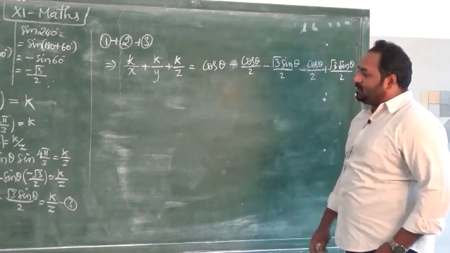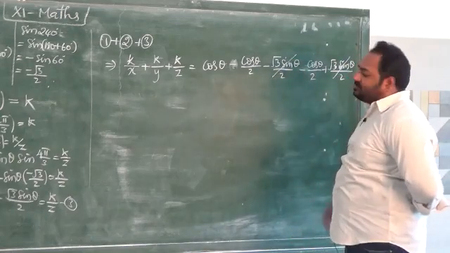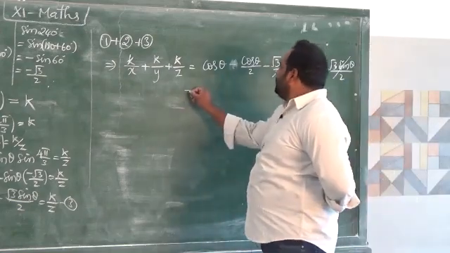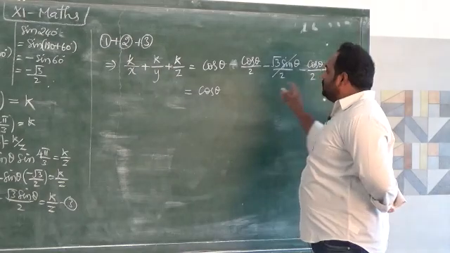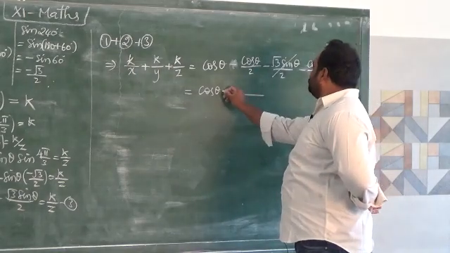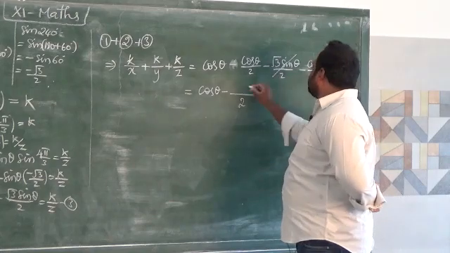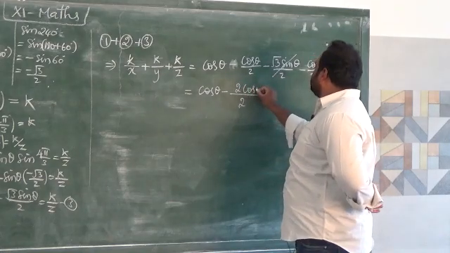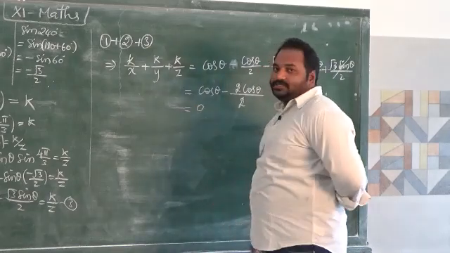So carefully you have to write in this step, then we can have a cancellation: minus plus will be cancelled, then remaining cos theta, same denominator 2, both are negative, so minus cos plus cos, 2 cos theta, 2 cancel, cos theta minus cos theta is 0.